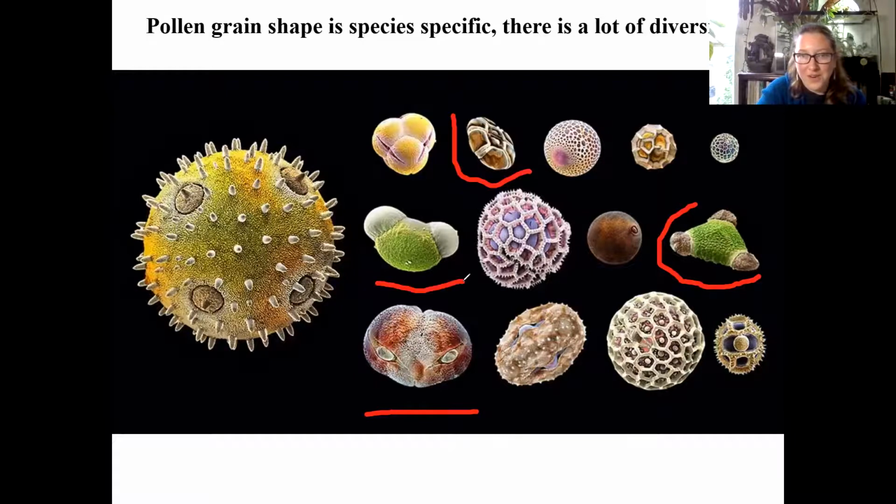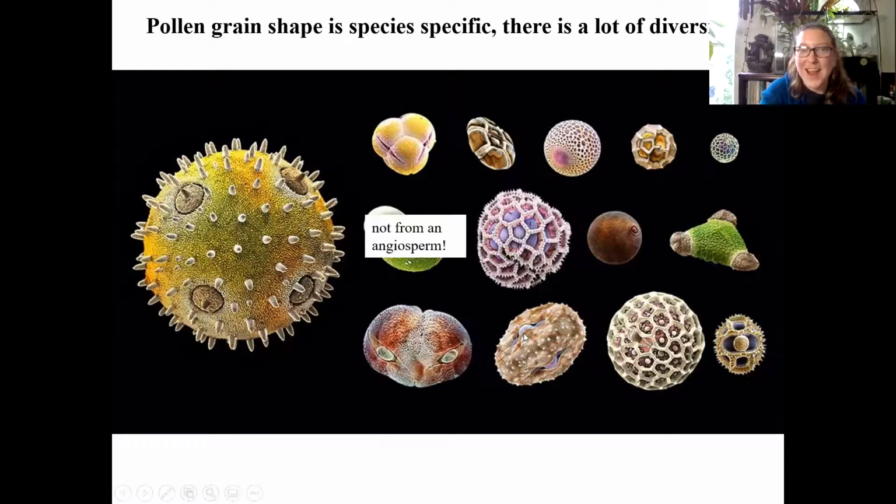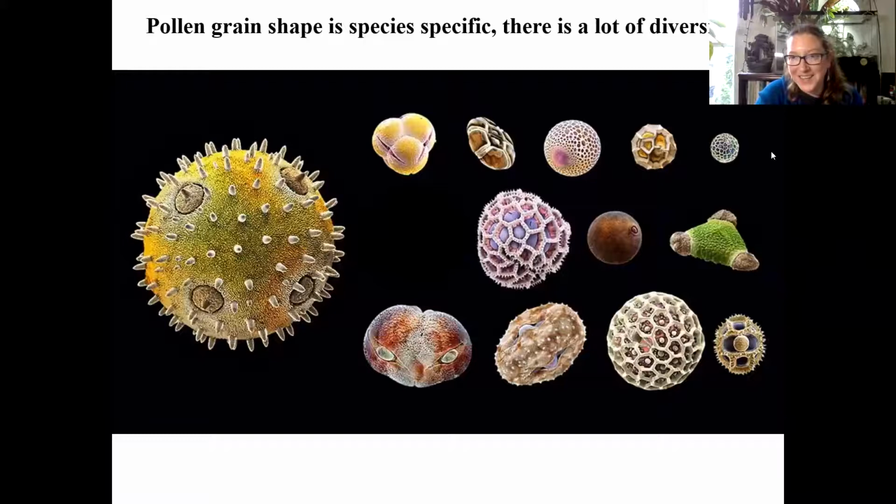But wait a minute, hold on. That is suspect. That is Mickey Mouse. Not pollen from an angiosperm, that's pollen from a gymnosperm. Get out of here. Vivian says, I was going to say water molecule.